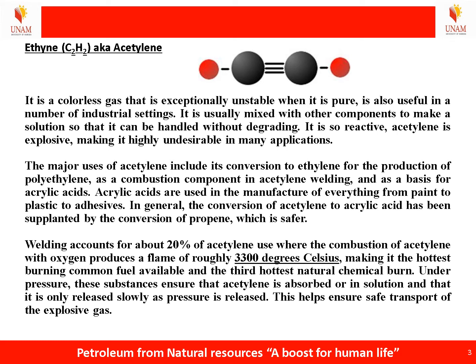Acrylic acids are used in the manufacture of everything from paint to plastic, and many adhesives. In the laboratory, acrylic acid has many applications, and a variety of chemicals can be synthesized from it. In general, conversion of acetylene to acrylic acid is supplanted by the conversion of propene, that is safer.